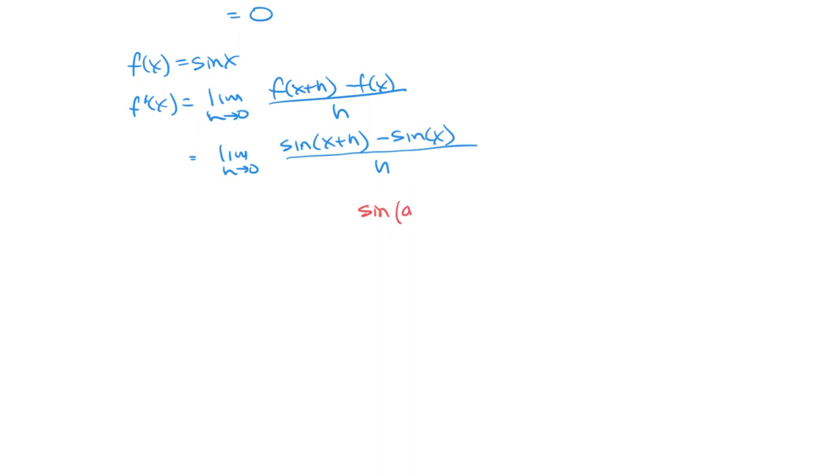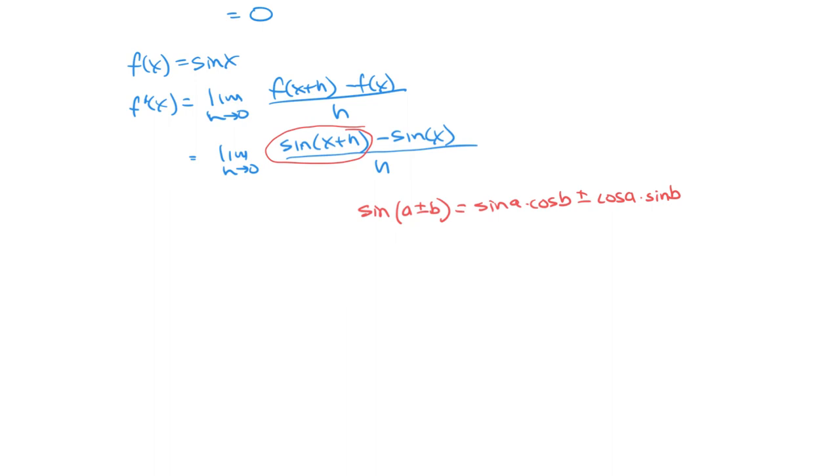The sine of a plus or minus b is equal to the sine of a times the cosine of b, plus or minus cosine of a times the sine of b. So we're going to use the minus one, of course. We're just going to use it to expand this, because once we do that, we're going to have a way to get at this.